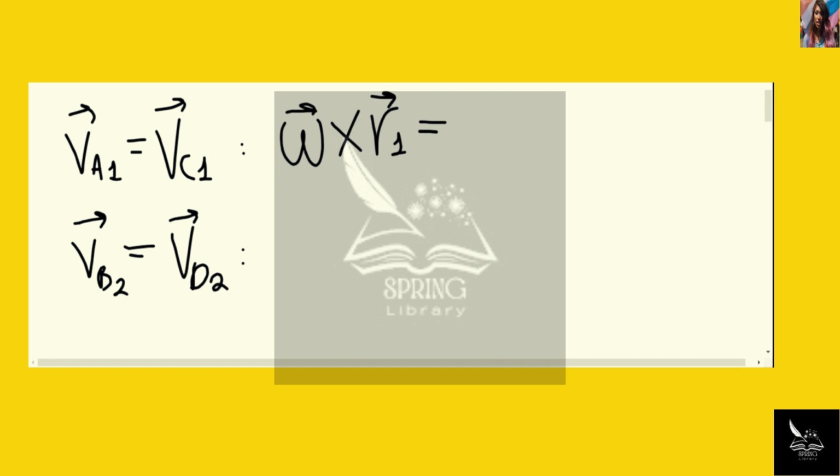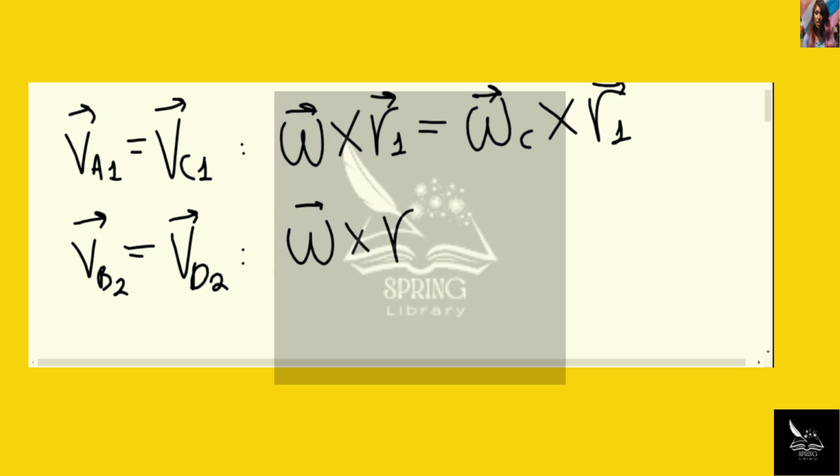Okay, if we write down the formal definition, the formulas. Omega again is the common angular velocity for gears A and B. The linear velocity of point 2 equals omega D vector cross product R2.